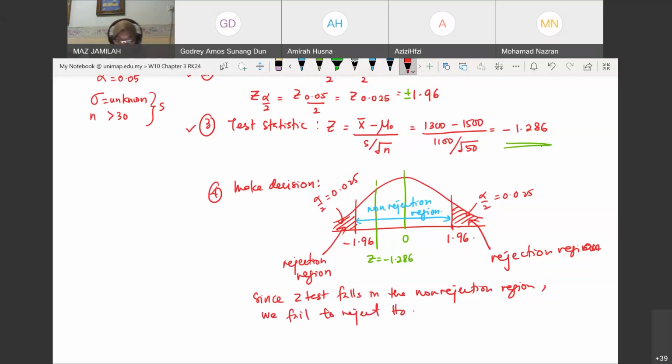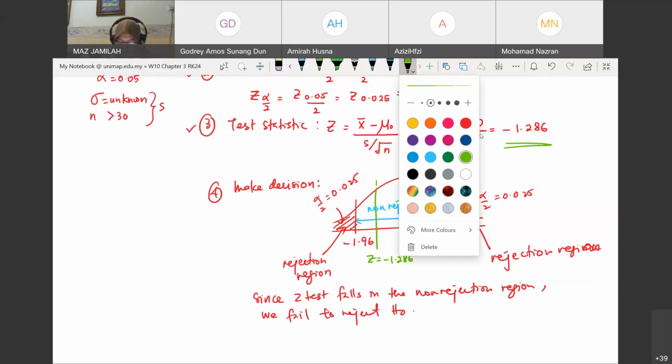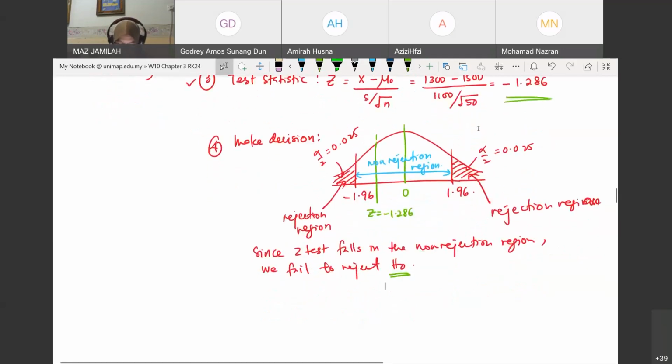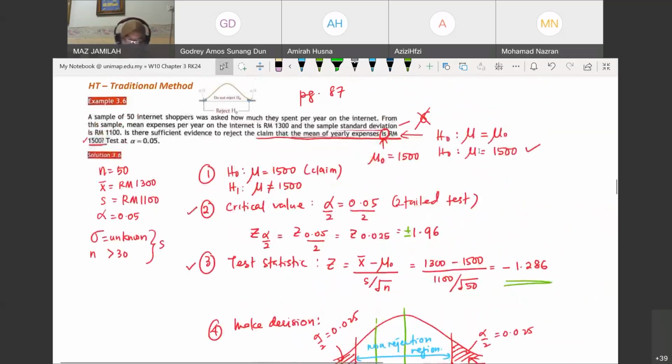Now, class, your decision will always reflect your null hypothesis. Never ever say reject H1, reject the alternative hypothesis. That would be wrong. The one that needs to be rejected or fail to be rejected will always reflect your null statement.